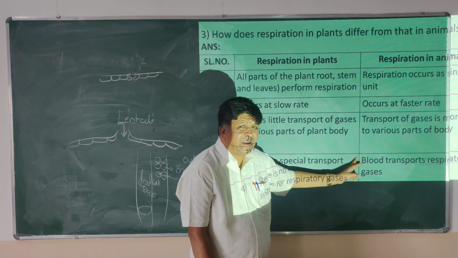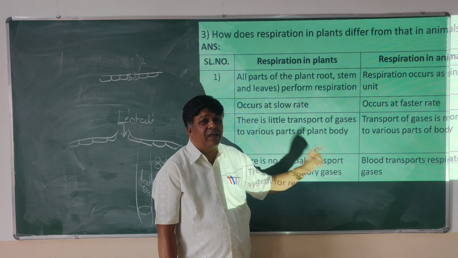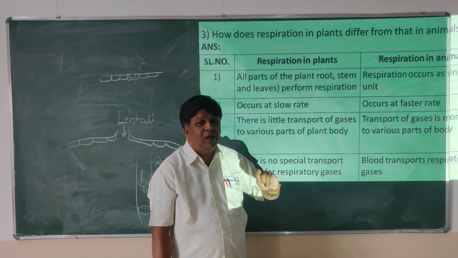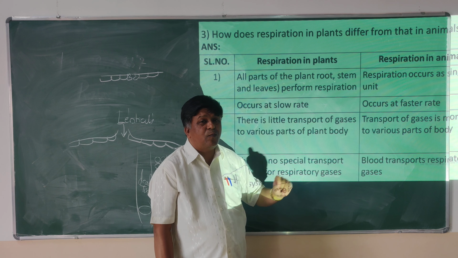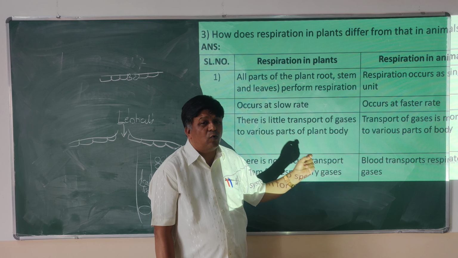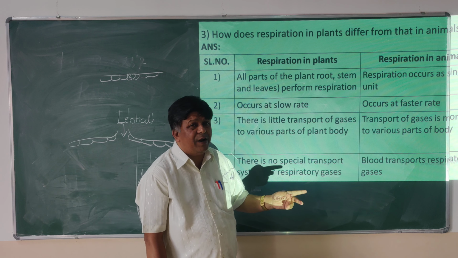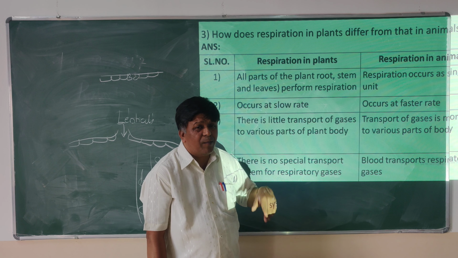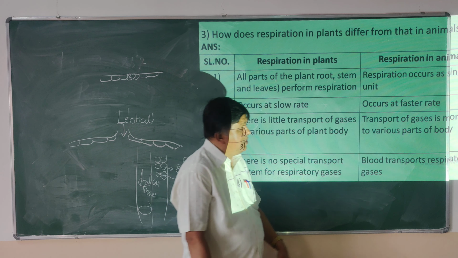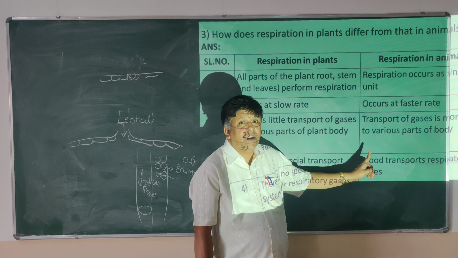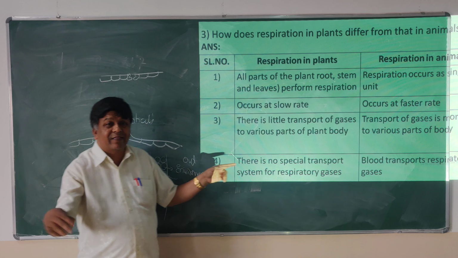Whereas in animals, blood takes the responsibility of transporting respiratory gases. Oxygen is transported through RBC, as I told you, by hemoglobin. It forms oxyhemoglobin. In the same manner, carbon dioxide is carried by hemoglobin in the form of carboxyhemoglobin. Hence, there is great pressure on blood in animals to transport respiratory gases.